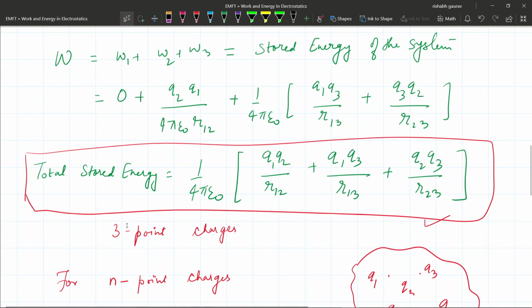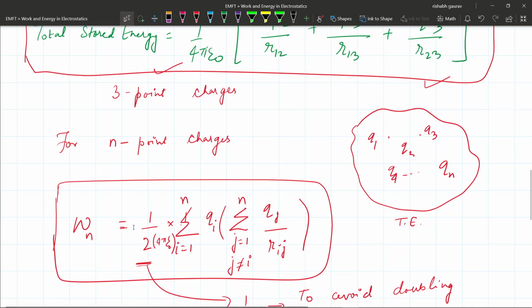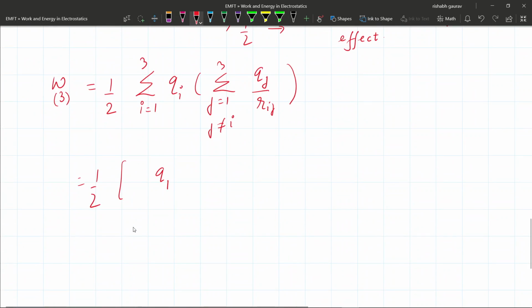As you can see from this formula for 3-point charges, now let us verify this. The general formula for n-point charges applied to 3-point charges.